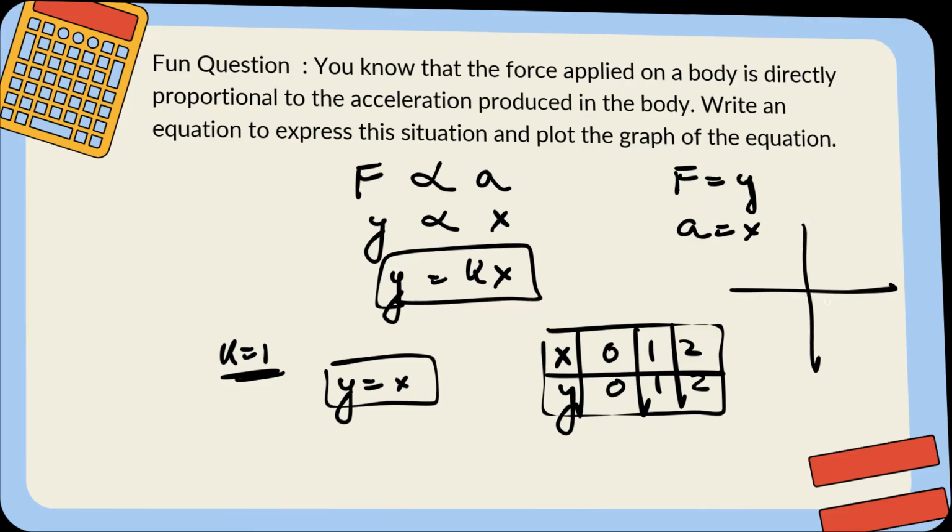The points will be 1, 1, 2, 2, 3, 3, or minus 1, minus 1, minus 2, minus 2, minus 3, minus 3, like this, right? 0, 0. So it will be a line that is passing through the origin, right? So y is equal to x will be a line passing through the origin. That is how the graph will be.